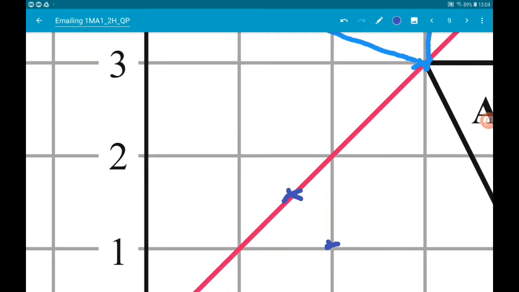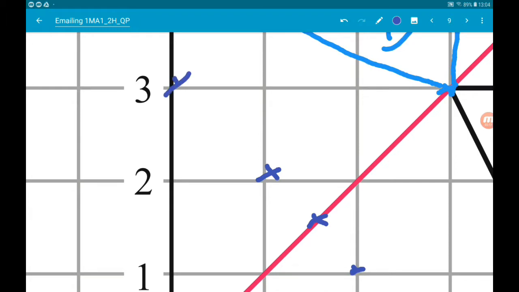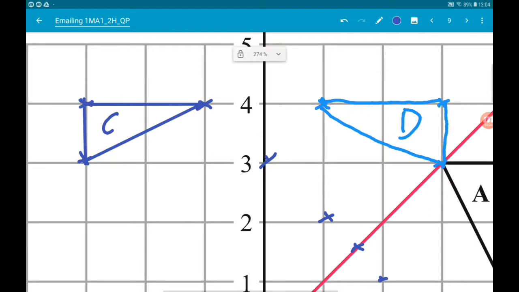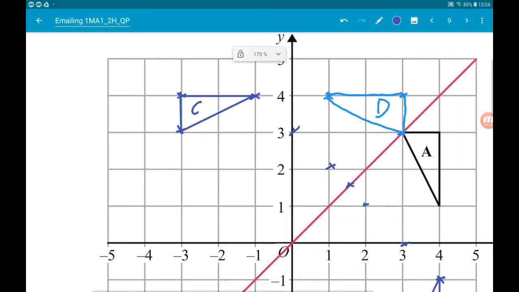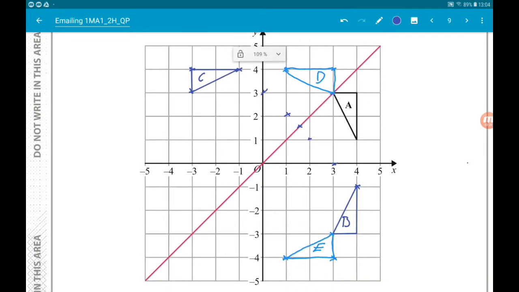So there's the half, 1.5, 2.5. So do that with all the points and you will get triangle C there in the top left.